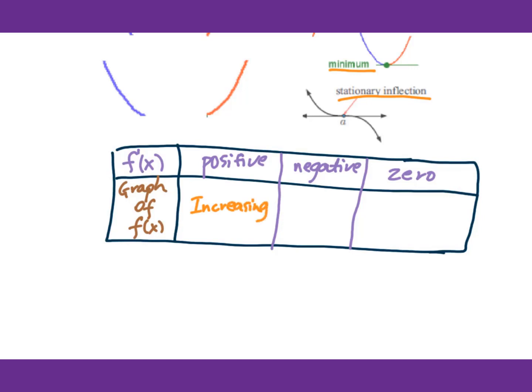When the first derivative is negative, the graph of f of x is decreasing. If the first derivative equals 0, there are 3 options: either maximum, minimum, or stationary inflection.